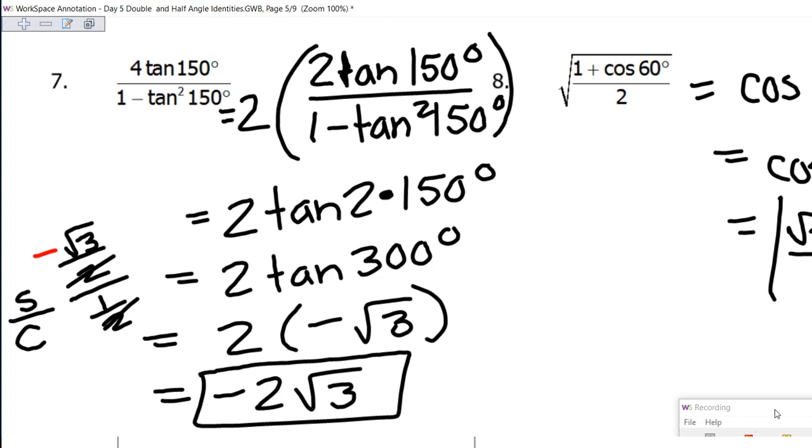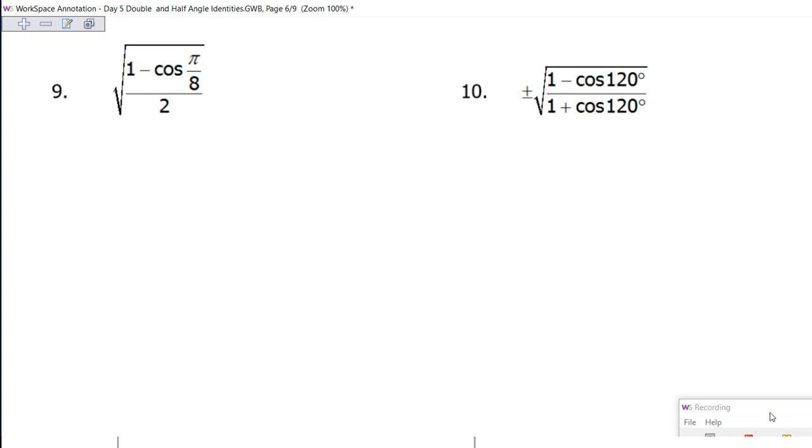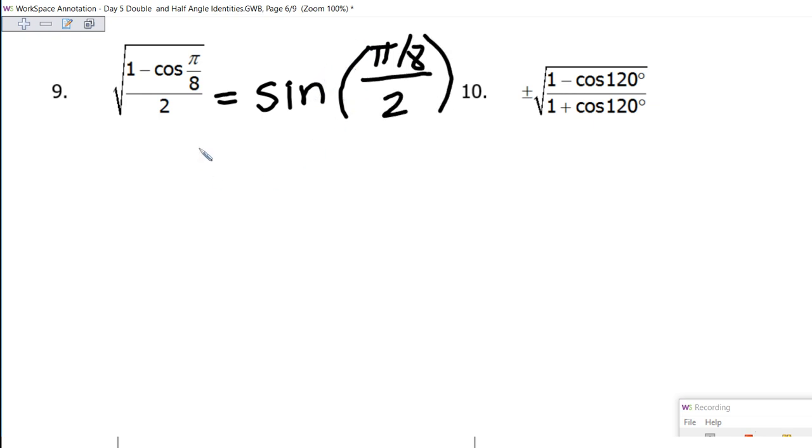Next one. We have a 1 minus cosine and a 2 in the denominator. So which one is this paired with? Sine of a over 2. So this would be sine of a. What are they using for a? Pi over 8. And it needs to be divided by 2. We need to simplify that.